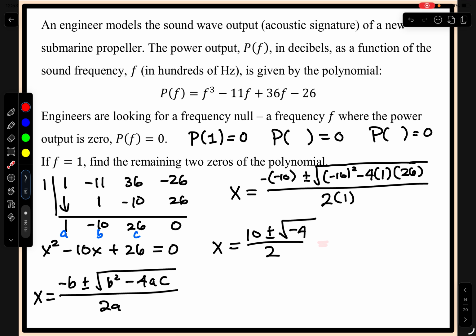So x equals 10 plus or minus 2i, divided by 2. Since both of those numbers are divisible by 2, that's going to be 5 plus or minus 1i.